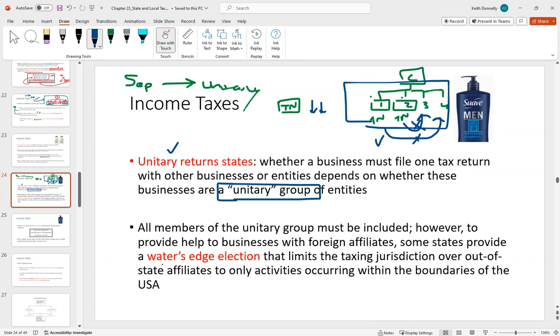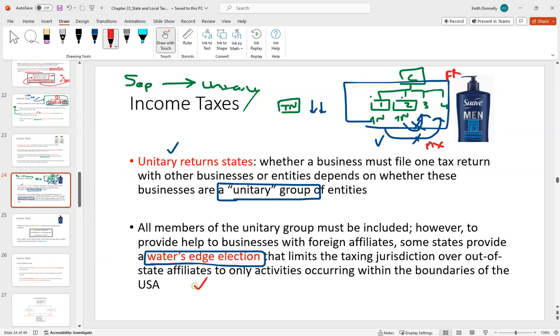Now, one thing to be aware of here is there is something called a water's edge election. The idea here becomes, however, to provide help to businesses with foreign affiliates, imagine that these other subsidiaries, 3 and 4, were in, let's just say one was in Mexico and one was in France, right?